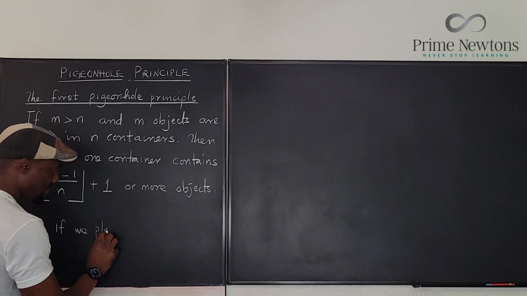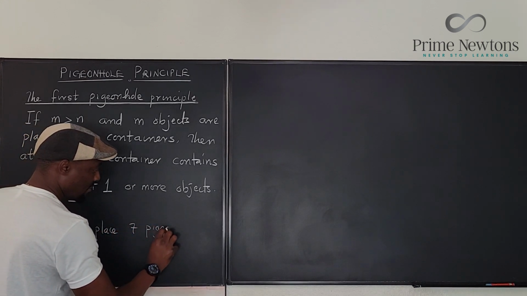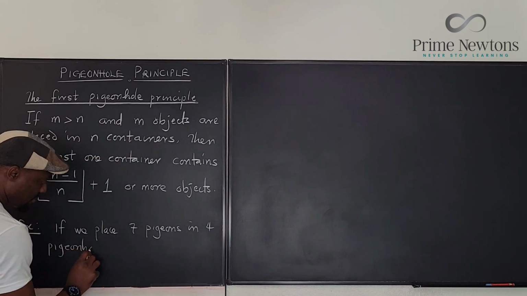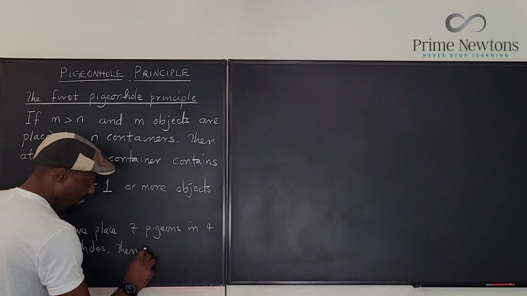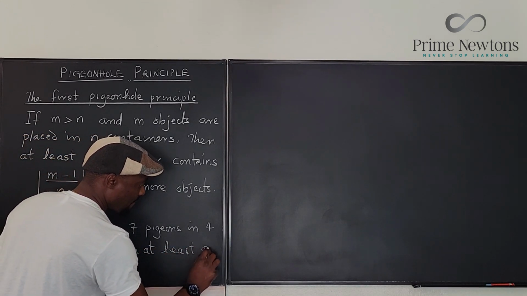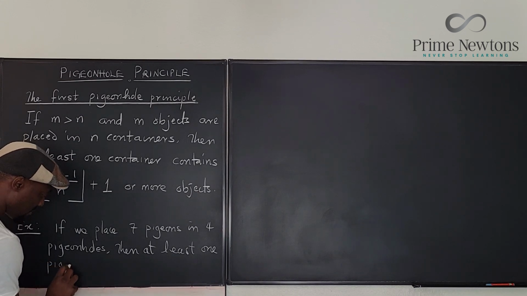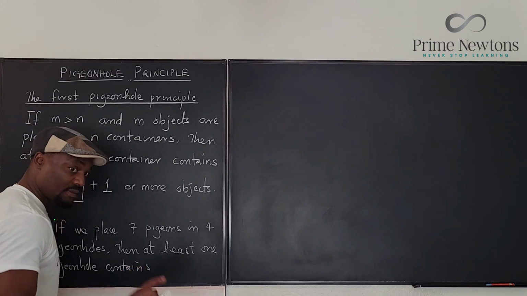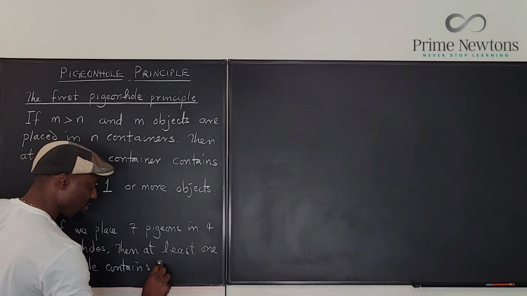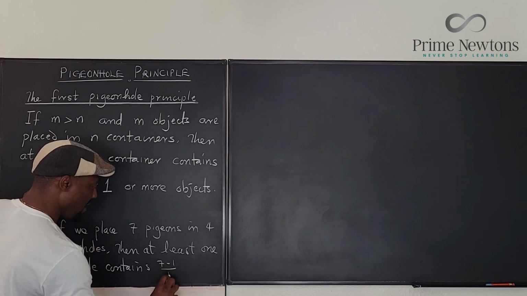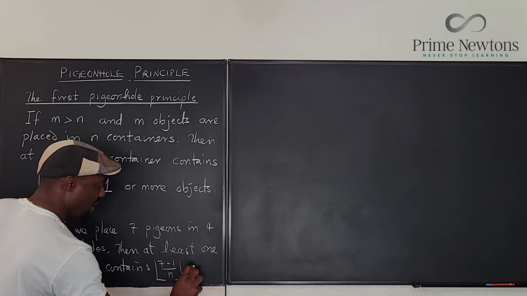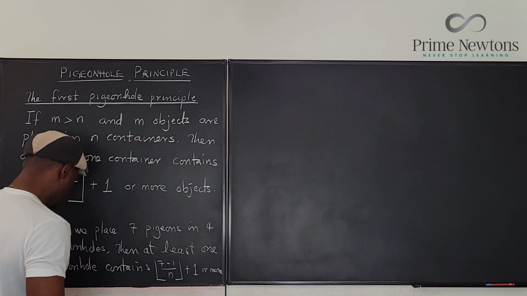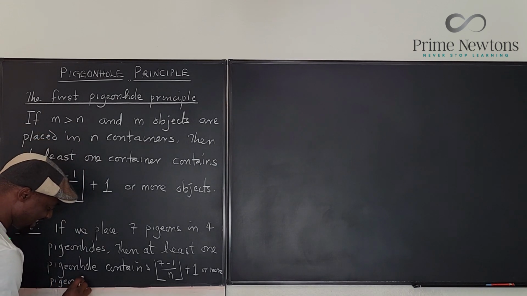If we place 7 pigeons in 4 pigeonholes, then at least 1 pigeonhole contains, this is the calculation, 7 minus 1 over n, we take the floor and we add 1 to it, or more pigeons. Let me write pigeons here. Okay, I'm going to explain that.